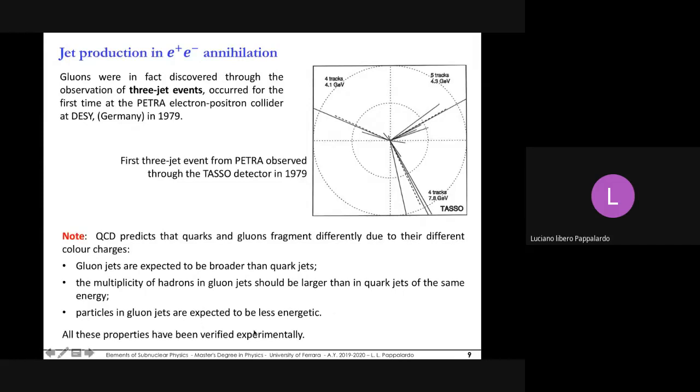And particles in gluon jets are expected to be less energetic. So jets produced by a gluon are broader, have a larger multiplicity of hadrons, and those hadrons have less energy compared to a jet initiated by a quark with the same energy. All these features, which are predicted by QCD, are also experimentally verified.